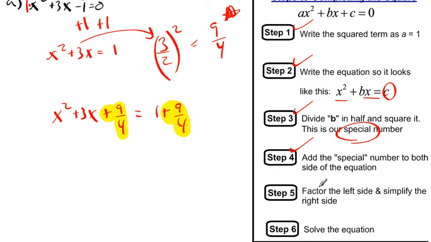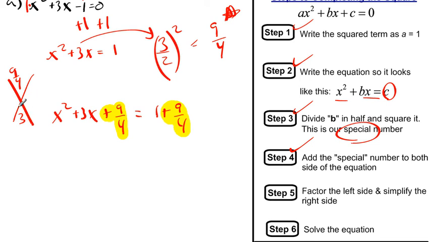Step 5. We're going to factor the left side and simplify the right. This is why the little shortcut is extremely important, because trying to factor this may be a little hectic. If you try the little judo X and put 9/4 on top and 3 on the bottom, you're looking for two numbers that multiply to give 9/4 and add to give 3.